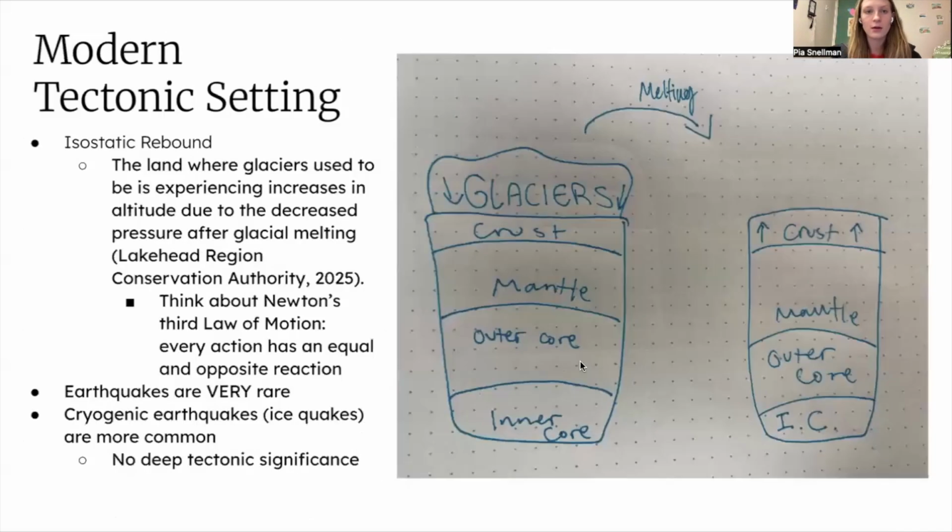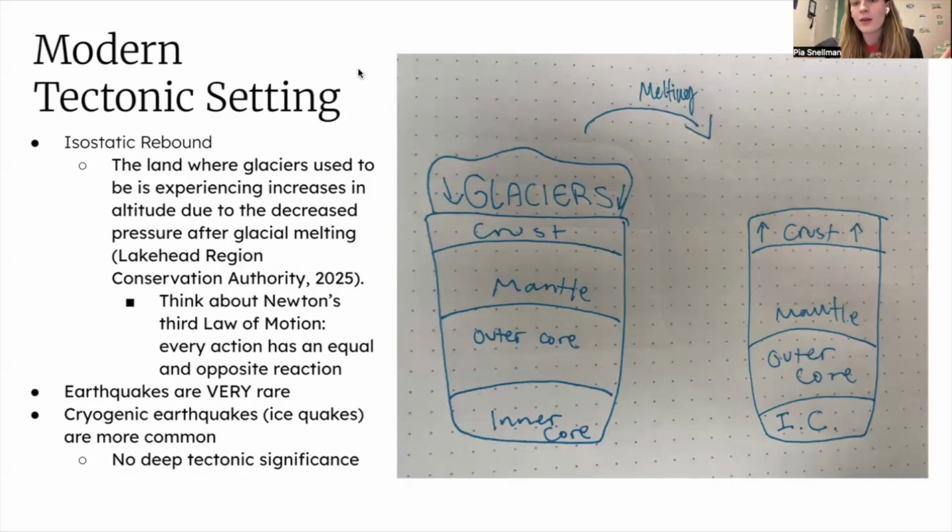So the modern tectonic setting of my home community is that it is currently in an isostatic rebound, which is really interesting. I didn't know about this.